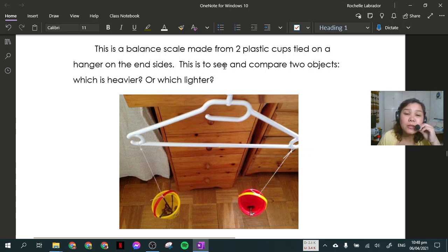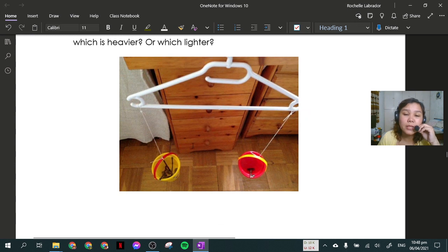So this is to compare two objects, which is heavier or which is lighter. So kung saan mas mababa yung basket or yung plastic cups, it means that the object on that side is heavier. So make sure that these two cups should be similar, and the length of the string should also be similar.